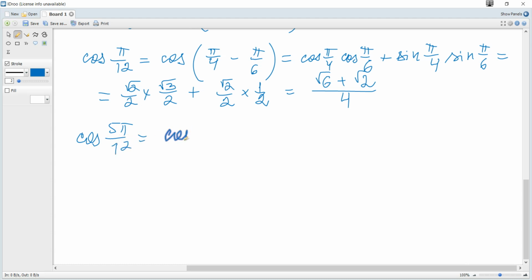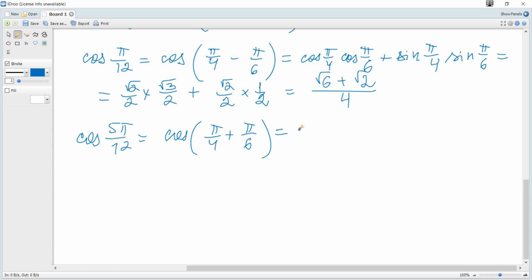You can notice that it's cosine of pi over 4 plus pi over 6, and with common denominator 12, it's 3 plus 2, so 5 pi in total, so it's correct. Apply the formula for the cosine of a sum, given in the data booklet: cosine cosine minus sine sine.